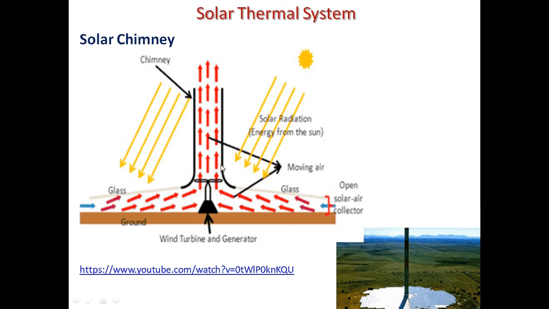What has been done is that you heat different regions of the solar chimney, and because of that uneven heating you produce a pressure difference, and because of that pressure difference the wind starts to flow, and this kinetic energy of the wind is transformed to the mechanical movement of your turbines.